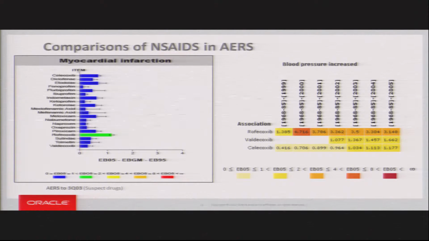Here is an example of the use of these estimates to look at relationships between cardiac issues and NSAIDs in the database a few years ago.